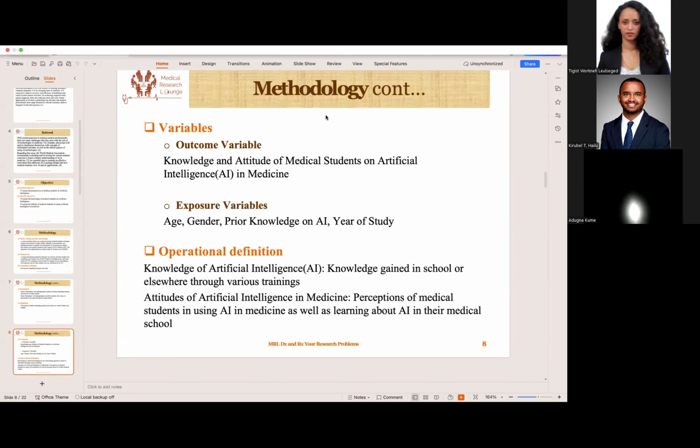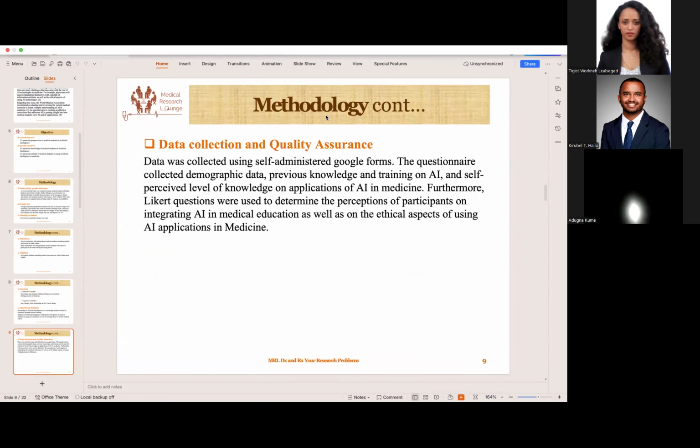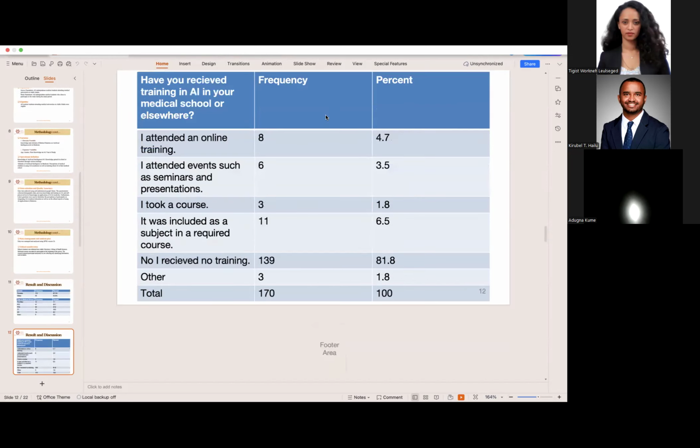So while we're at it, at the beginning of the results section, while trying to show the result for knowledge of AI, you stated that 81.8% did not receive training. There are 2 problems here. The first one is, if you want to talk about knowledge, there is no need to talk about training.